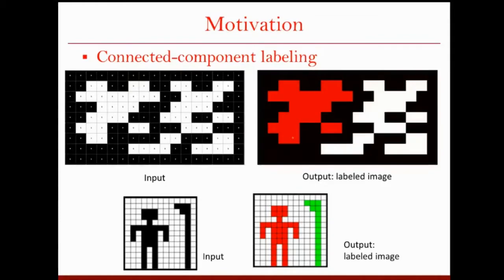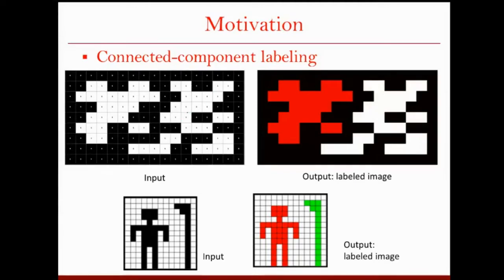If you consider this example, you see that there are two types of pixels in this left image. There are some black pixels, there are some white pixels. And if you closely observe, some of these white pixels are, in some sense, adjacent to each other. They are connected to each other. But some other set of white pixels here are not.